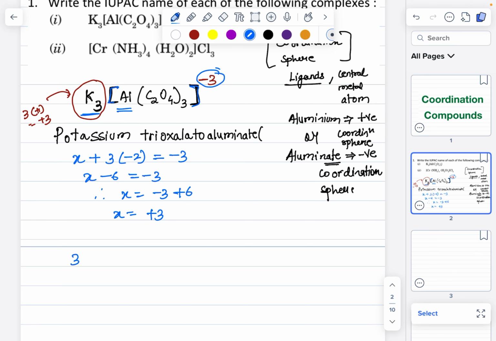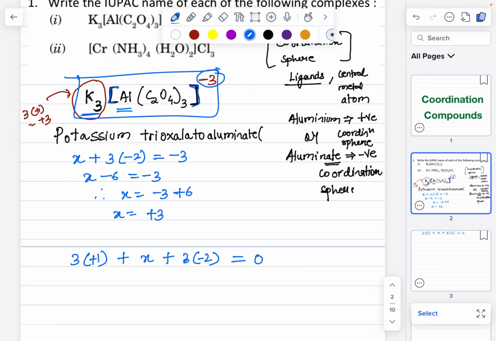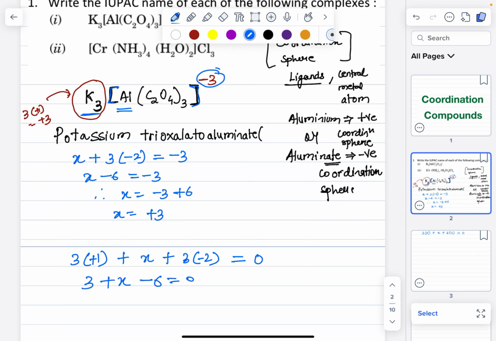Still the answer will come the same. So 3 into plus 1 on the potassium, aluminium as X, 3 into minus 2, equals 0. Whichever method you are solving, stick to that one method. So 3 plus X minus 6 is equal to 0, X is equal to 6 minus 3, X is equal to plus 3.